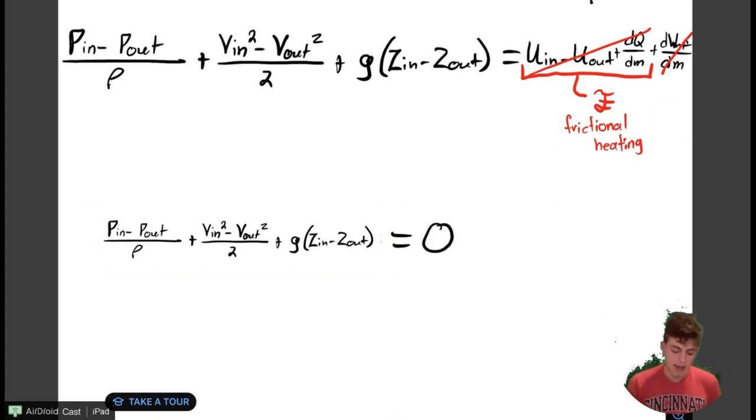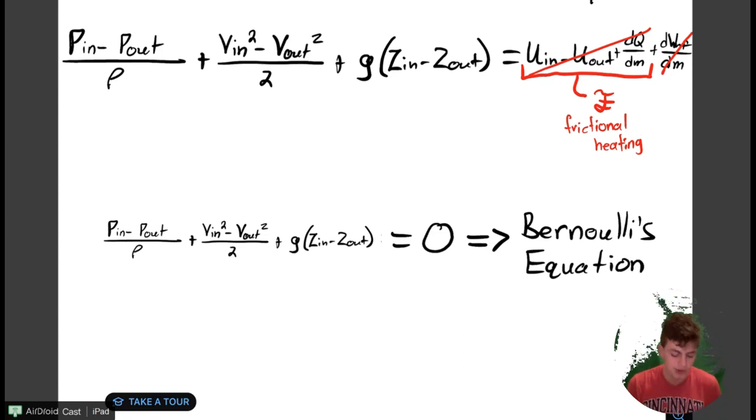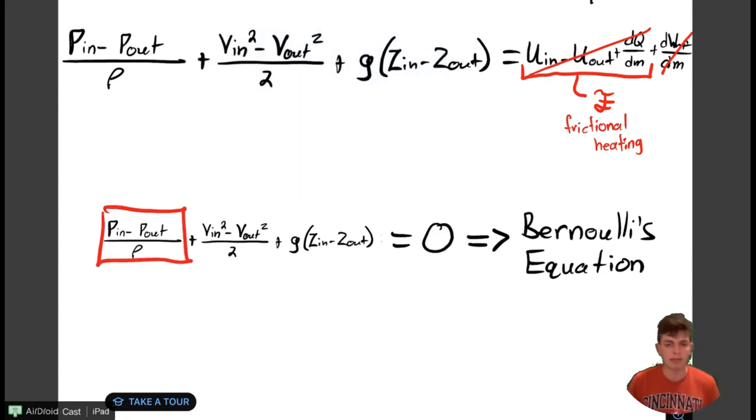And this is what we call Bernoulli's equation. What's important about this is that it only works for incompressible fluids, in which the density will not change as pressure changes. And we can see that being relevant in this term here. The density seems to remain constant throughout the flow of the system.